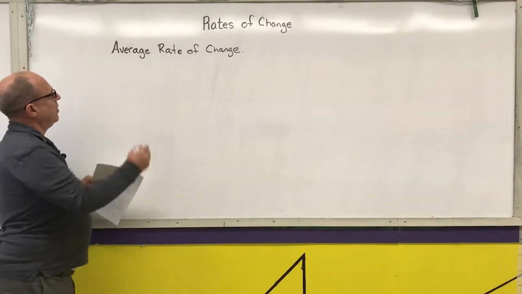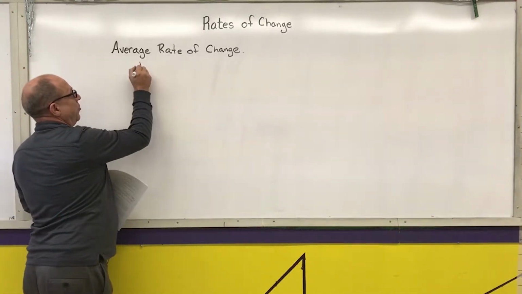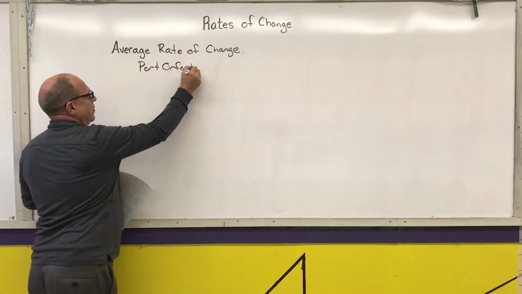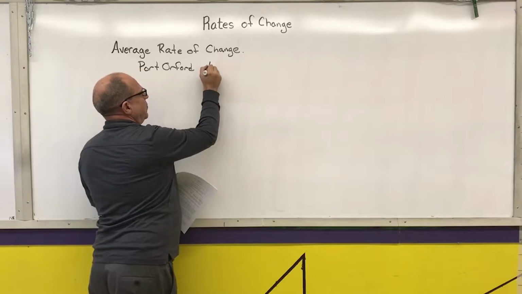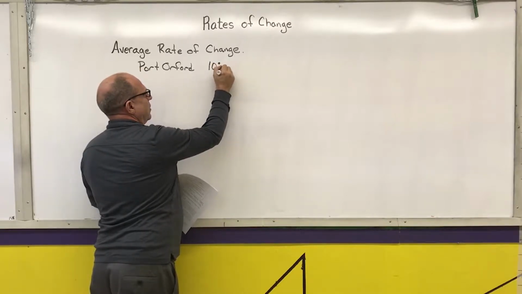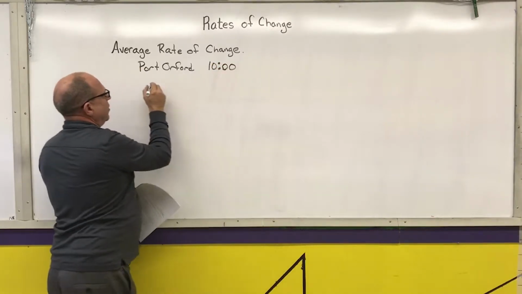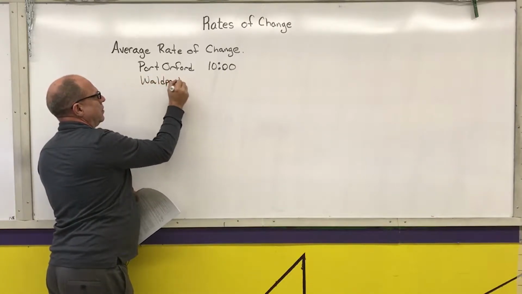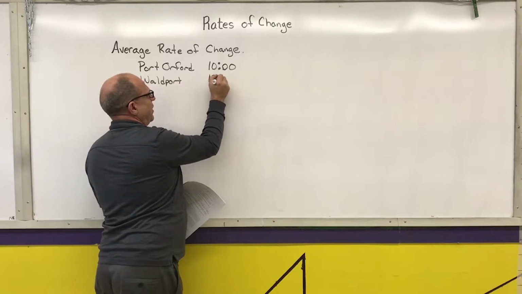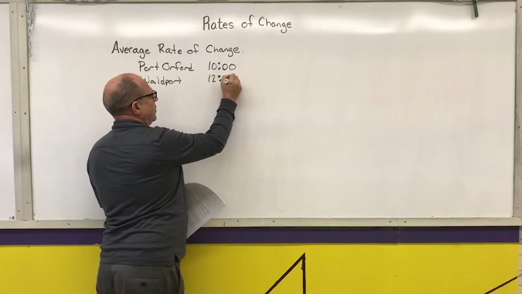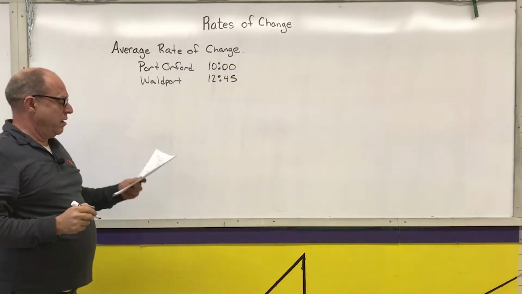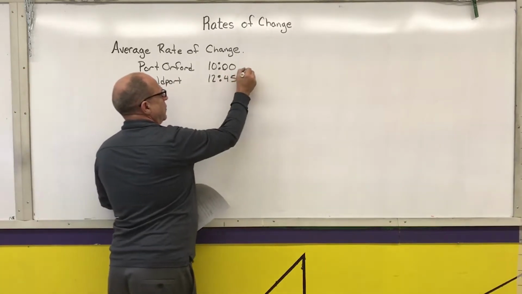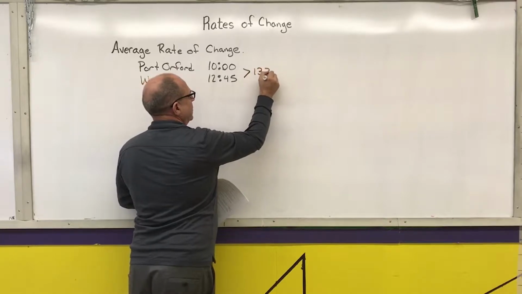For example, if I drive from Port Orford and leave there at 10 o'clock in the morning, and I go to Waldport, and I get there at 12:45 in the afternoon, and the distance between Port Orford and Waldport is 133 miles.